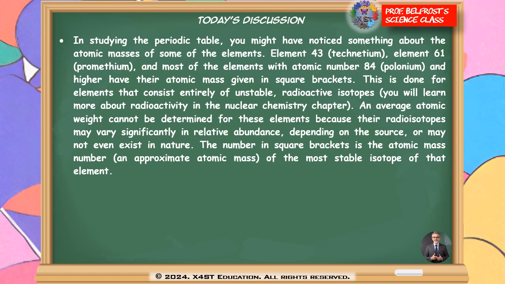An average atomic weight cannot be determined for these elements because their radioisotopes may vary significantly in relative abundance depending on the source, or may not even exist in nature. The number in square brackets is the atomic mass number, which is an approximate atomic mass of the most stable isotope of that element that has been researched. Okay, so please note this.